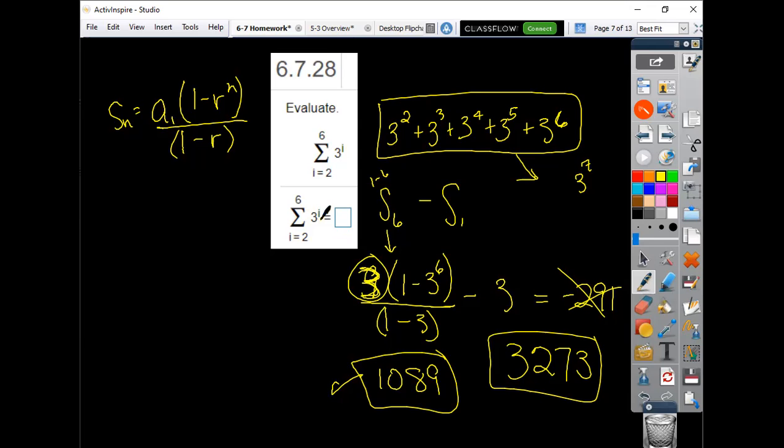There's my 1,089. Again, I'd never mind making a mistake in there. Oops, this minus 3 as well. So that gave me the correct answer of that. All right, we found it.